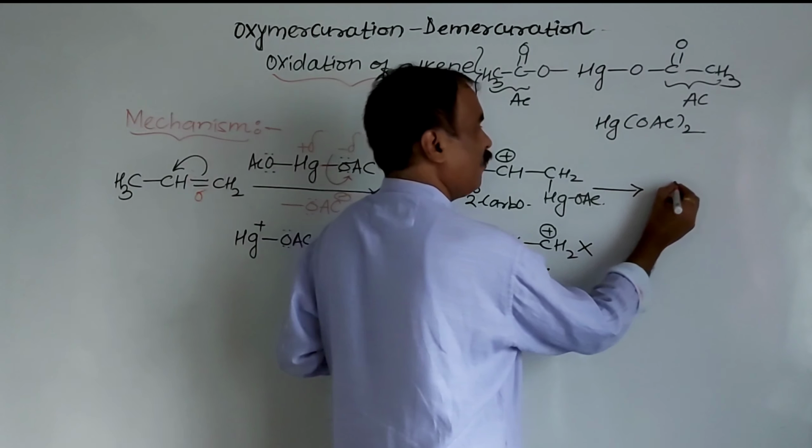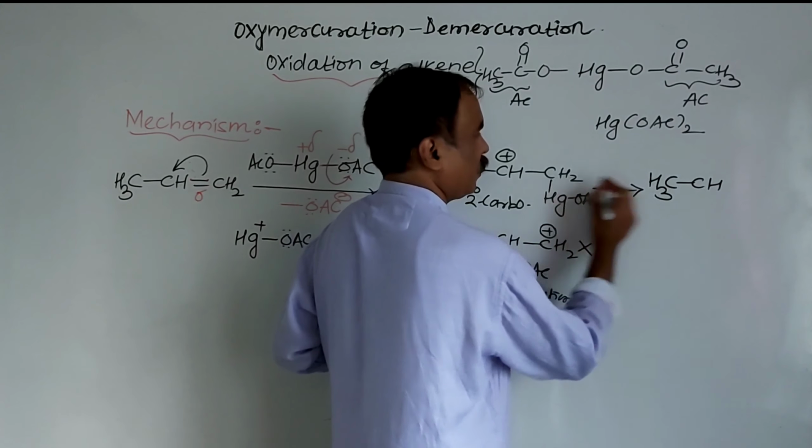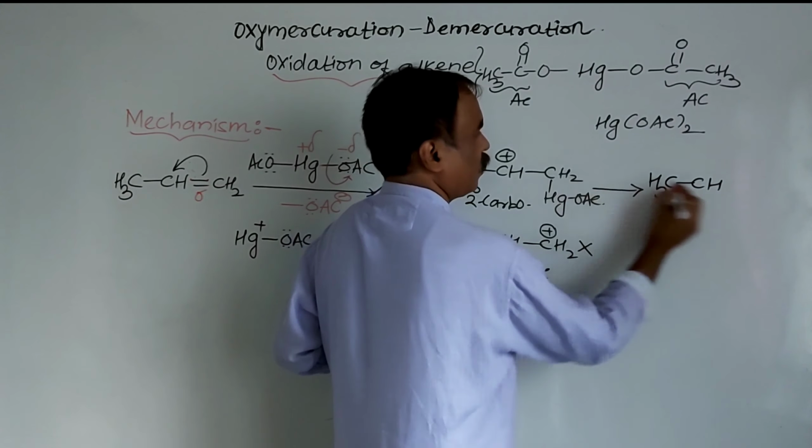And here formation of an intermediate like this: CH3, CH, CH2. Now here mercury will donate electrons to this carbon and a bond forms between these two. It will be like this. Here it is OAC. Now on this mercury there is a positive charge.